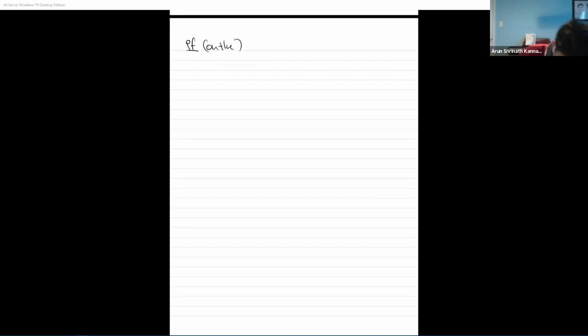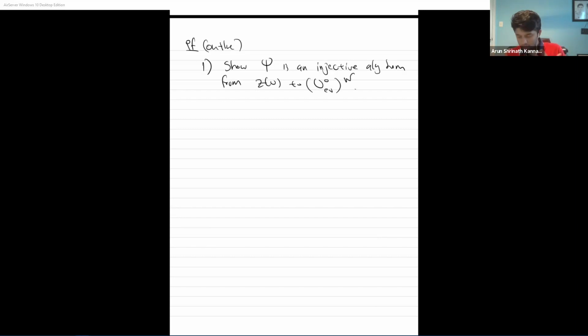The first sequence of steps will be to show that psi is an injective algebra homomorphism from the center to U naught F. This encompasses the first three steps of the classical proof I mentioned. And then, as I said, we need to replace surjectivity, because once we show surjectivity, of course, the theorem is proven.